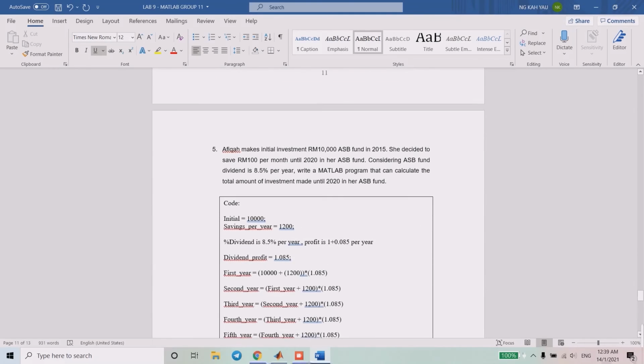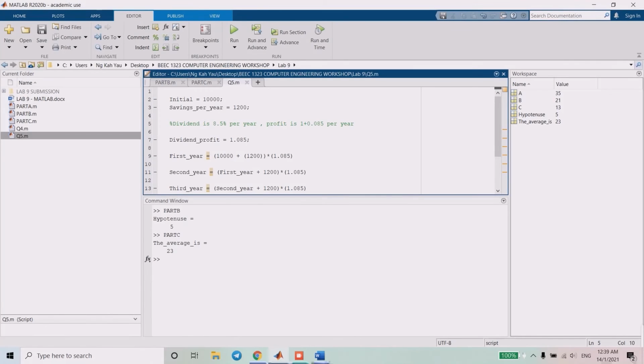So Afifah makes an initial investment of 10,000 in an ASB fund and saves 100 per month. Now we need to find the total amount of investment made until 2020. So in 2015, she has 5 years. I assume the first year, 2015, is the first year. The initial money she invests is 10,000 ringgit.